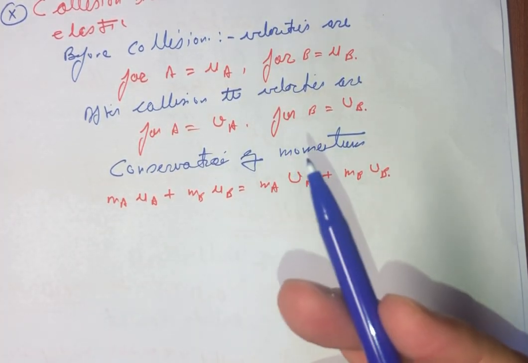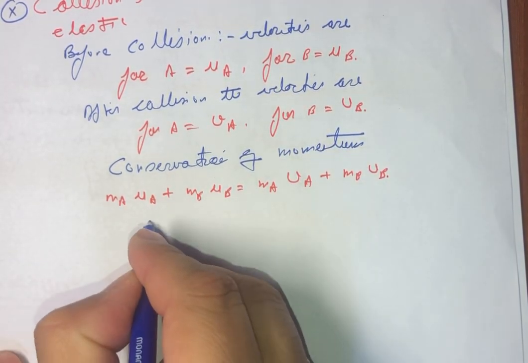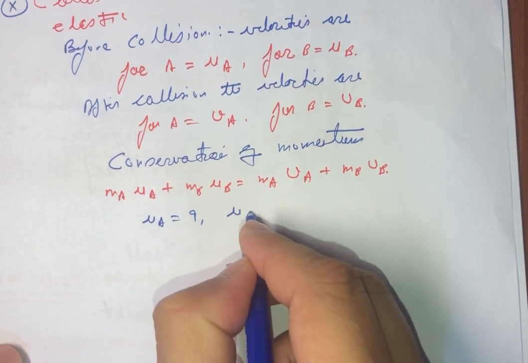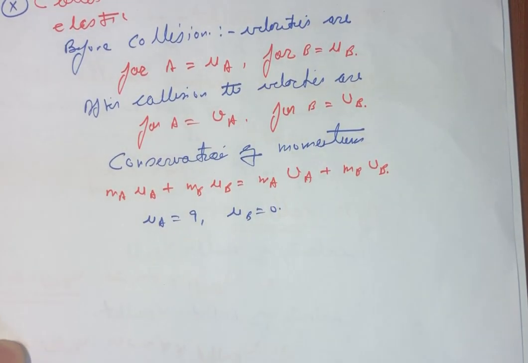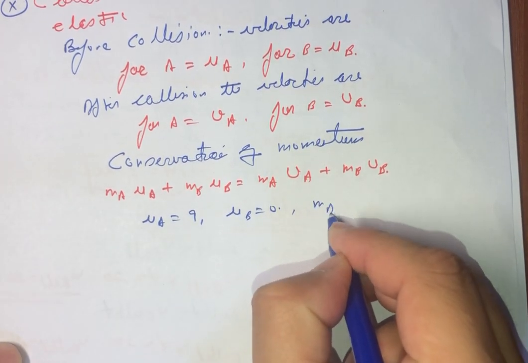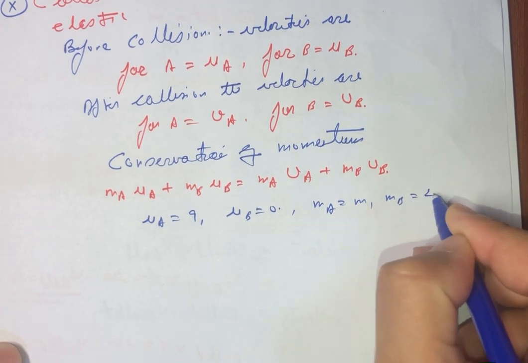Initially, UA is 9 meters per second, UB is 0, MA is m and MB is 2m.